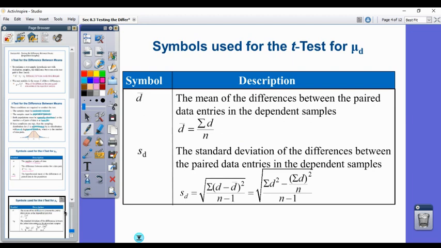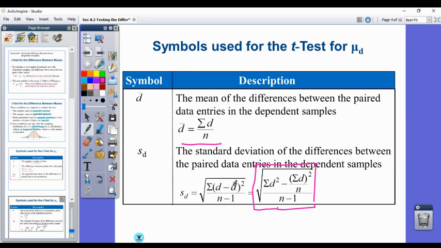So our formula to find the mean of the differences is shown here. And then the standard deviation of the paired data, we're going to be pretty much using this formula just because it's going to be easier for us to work with based on our data. Okay, and essentially it's the same thing.